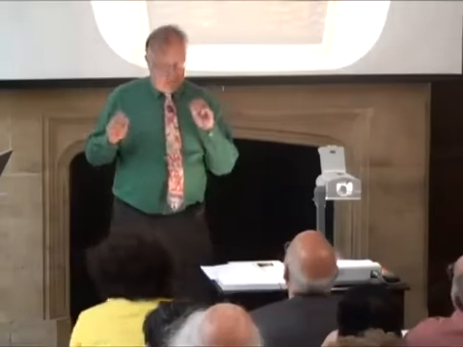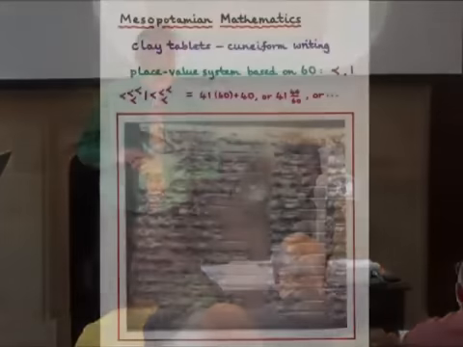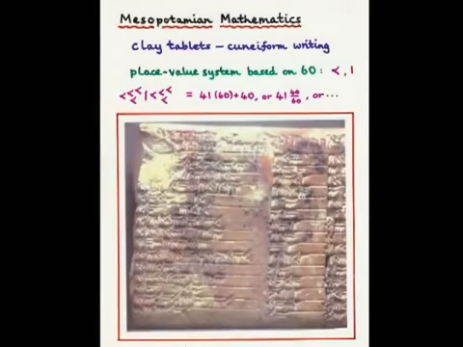Using a wedge-shaped stylus, they imprinted symbols in moist clay, and this is called cuneiform writing, and the tablet was then left to dry in the sun, which is why we've got so many. I think we've got hundreds of thousands of clay tablets that have survived, and many thousands of these are mathematical. There's been a lot of exciting work done on them recently by people like Eleanor Robson and others.